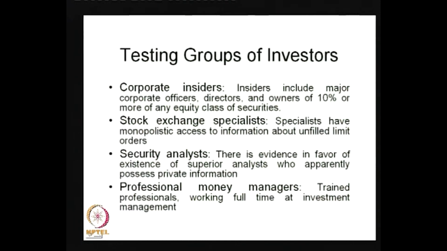Stock exchange specialists have monopolistic access to information about unfilled limit orders. For security analysts, there is evidence in favor of the existence of superior analysts who apparently possess private information. The professional money managers are trained professionals working full time in investment management.